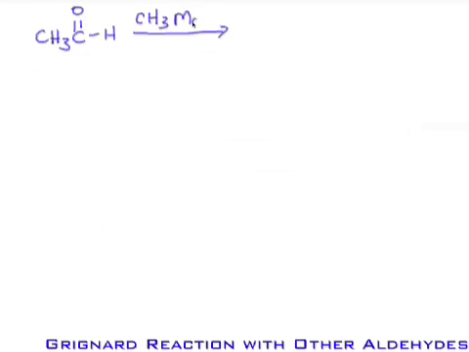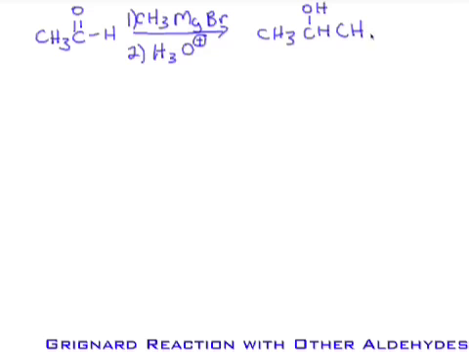So if you hit this with methyl magnesium bromide, say, followed by H3O+, then what you end up with is the secondary alcohol, isopropyl alcohol, or 2-propanol. All other aldehydes give you secondary alcohols.